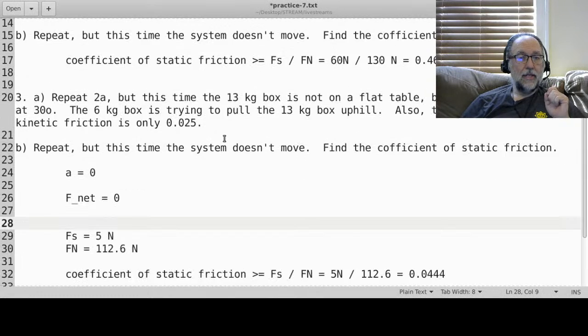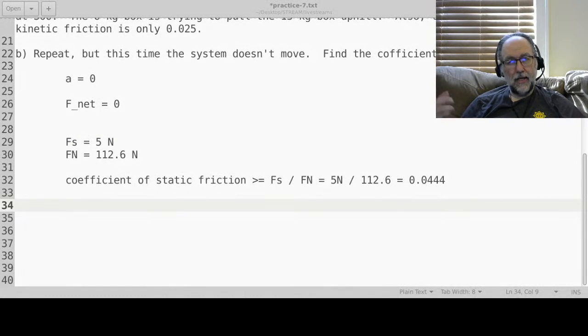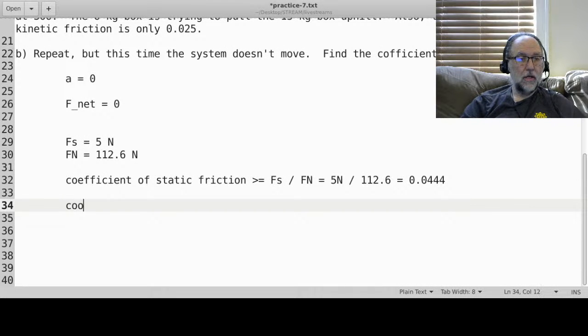The answer is, and this is something you'll see in the lab, I didn't even mention it in the pre-recorded lectures, but the coefficient of kinetic friction has to always be less than the coefficient of static friction.